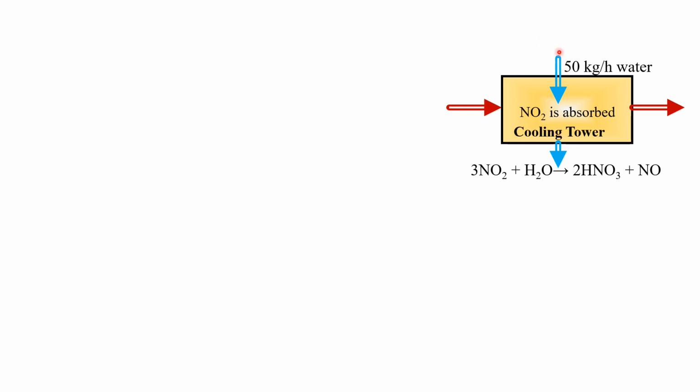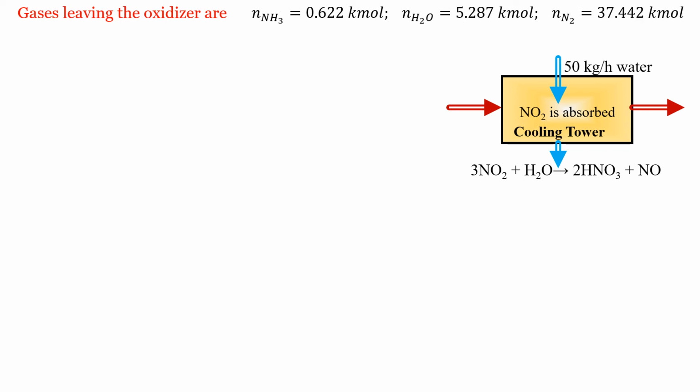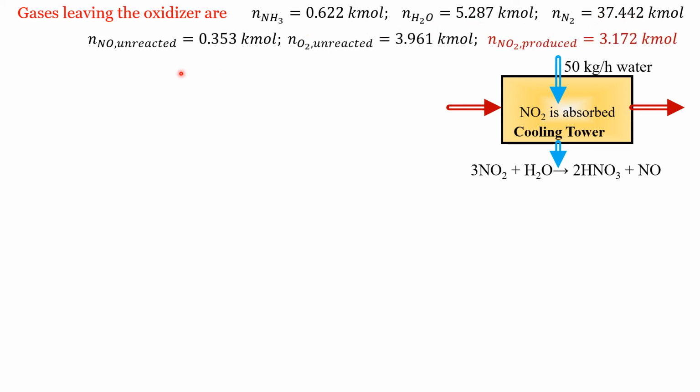In the cooling tower, water is already entering at the rate of 50 kg per hour, and NO2 is absorbed, reacting with water and giving HNO3 plus NO. So we will rewrite the gases leaving the oxidizer, because these gases will enter into the cooling tower.